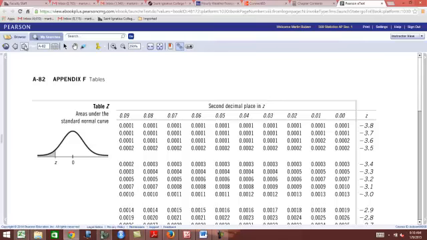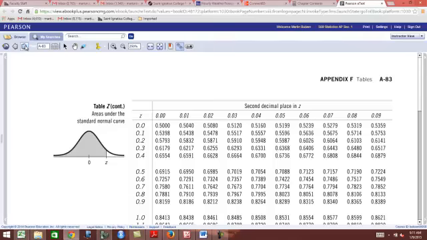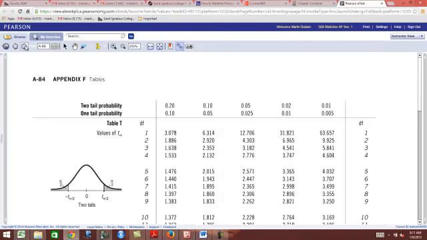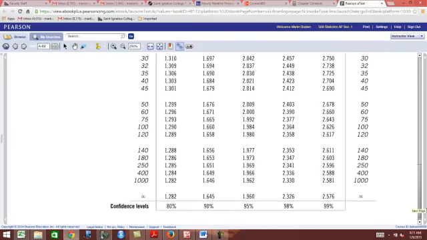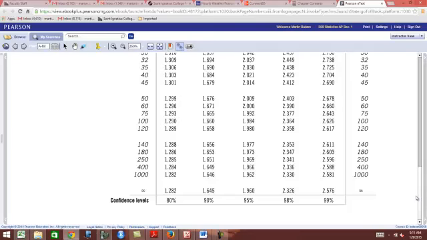The next table is table Z, and the next table is another table for Z scores, and finally you have table T. Now we haven't talked about what table T is for yet, but if you scroll down to the bottom of table T, you can see here are the z-scores that correspond to various levels of confidence. 1.282 will give you an 80% level of confidence. 1.645, 90%. 1.96, 95%.